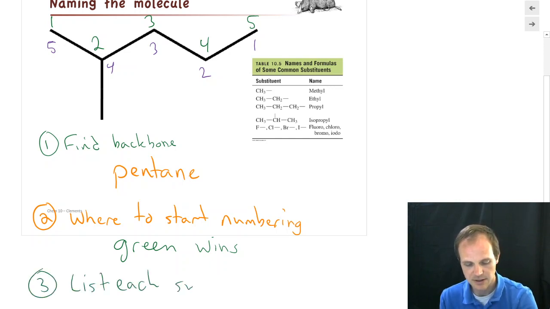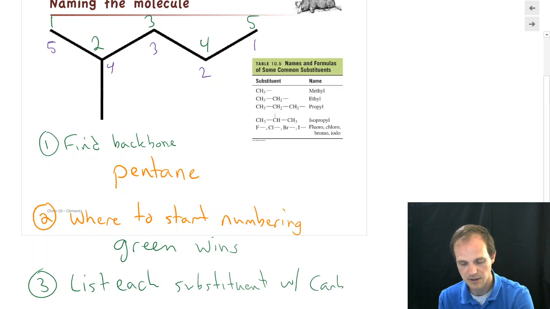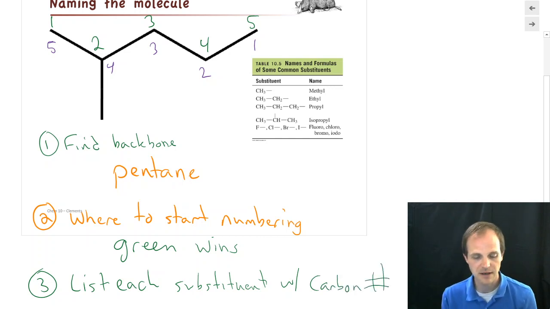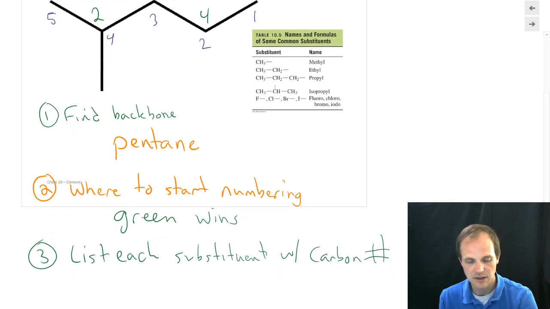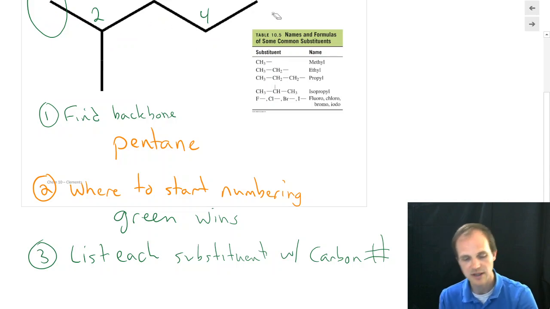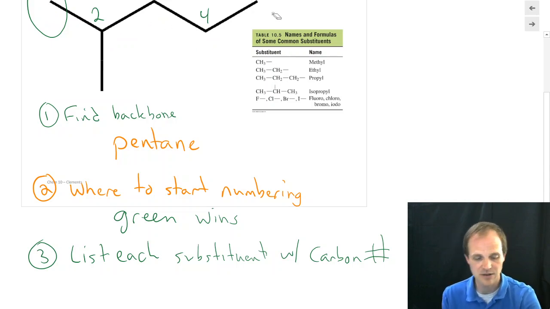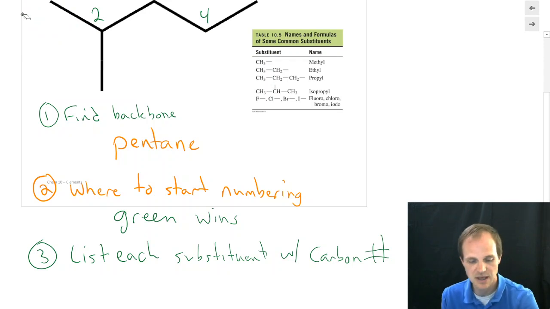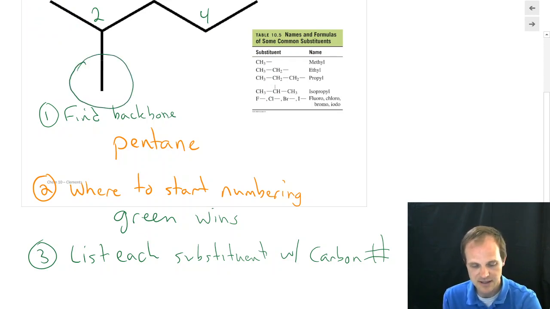So green wins. Now, the next thing we're going to do is list each substituent with the carbon number. So up here in my molecule, I've got nothing attached to number 1. We're looking at the greens now, so let me even erase the purples. I've got nothing attached to number 1 other than some hydrogens. Those aren't substituents. But to number 2, I've got this thing sticking off.